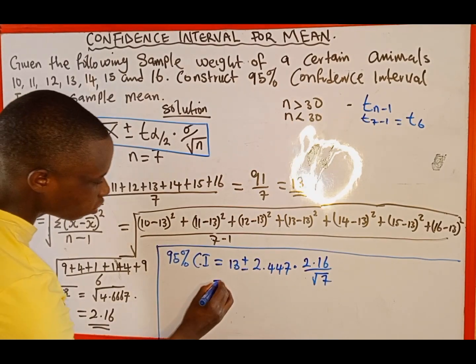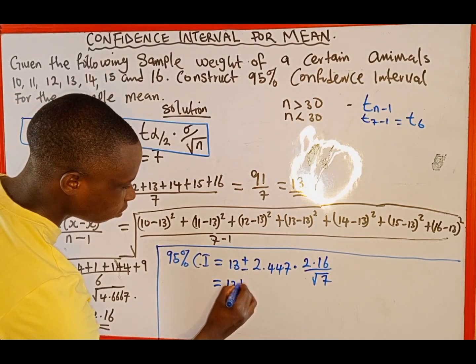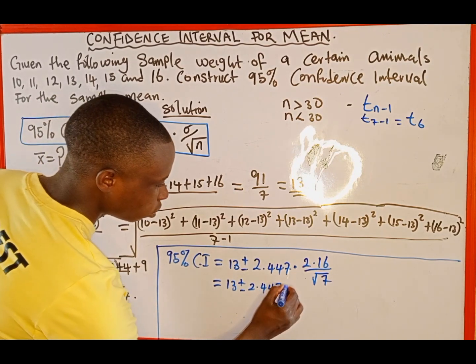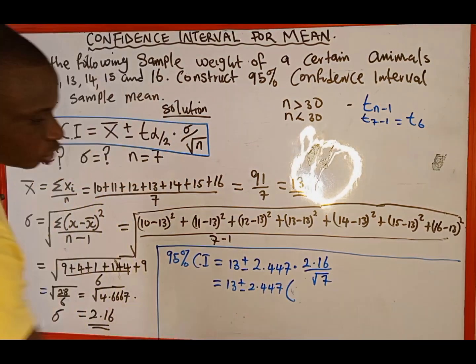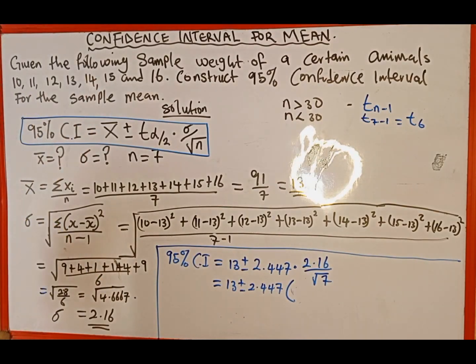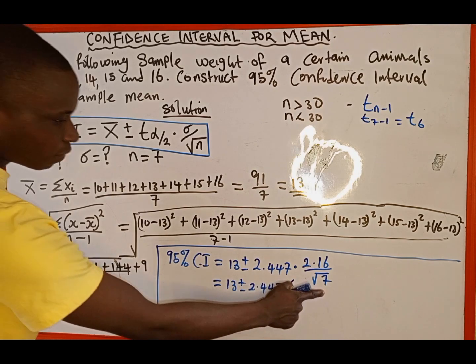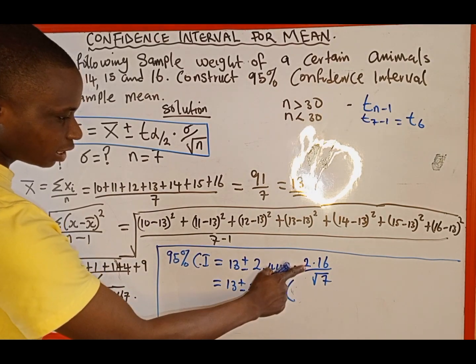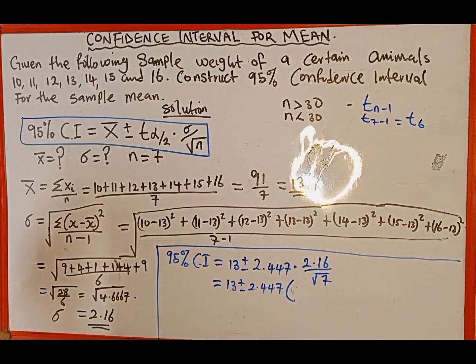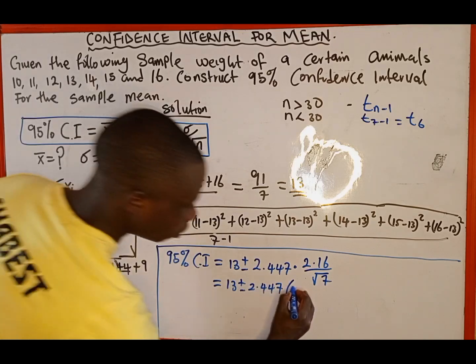So the 95% confidence interval will be equal to 13 plus or minus 2.447, then multiply by 2.16 over the square root of 7. So if you press the calculator, press square root of 7, then you keep your answer, then 2.16 divided by your answer is going to give you what? It's going to give us 0.8164.